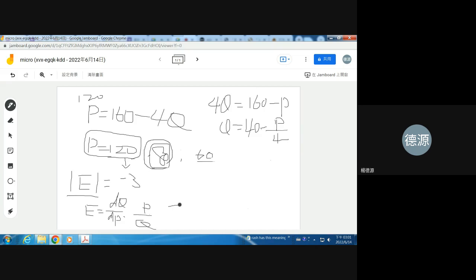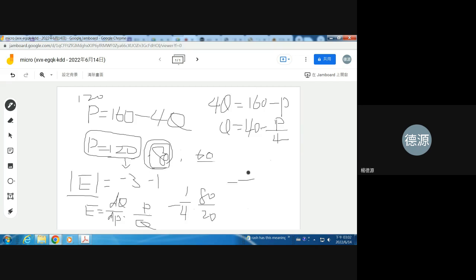So 1 quarter, and price is equal to 80, and Q is 20, right? So that's equal to negative 1.